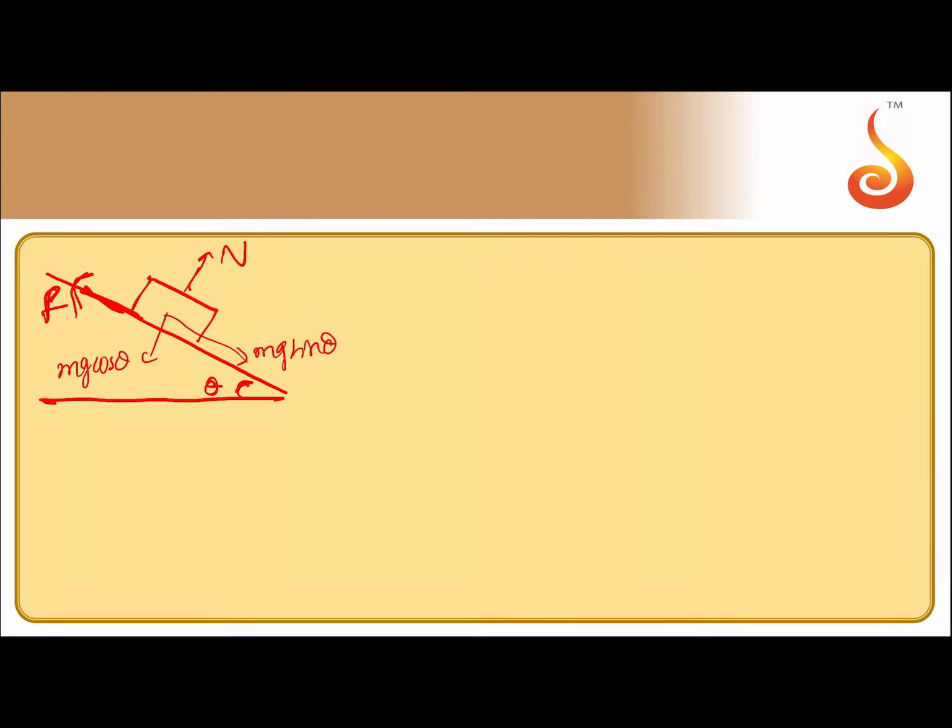Now this distance is a by 2 because it's a cube of side a. So if the block moves with uniform velocity, that's what the data tells us, we must be able to tell F is equal to mg sin theta. Is that correct? Yes, the force up the plane is equal to force down the plane.